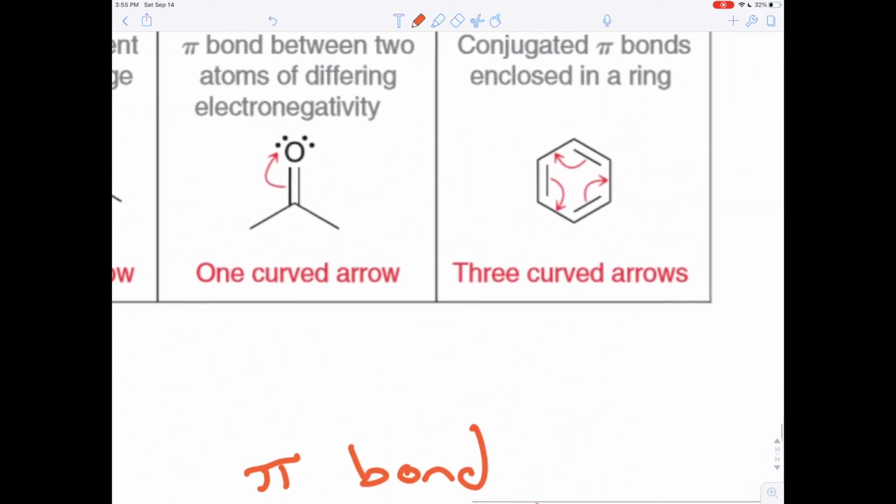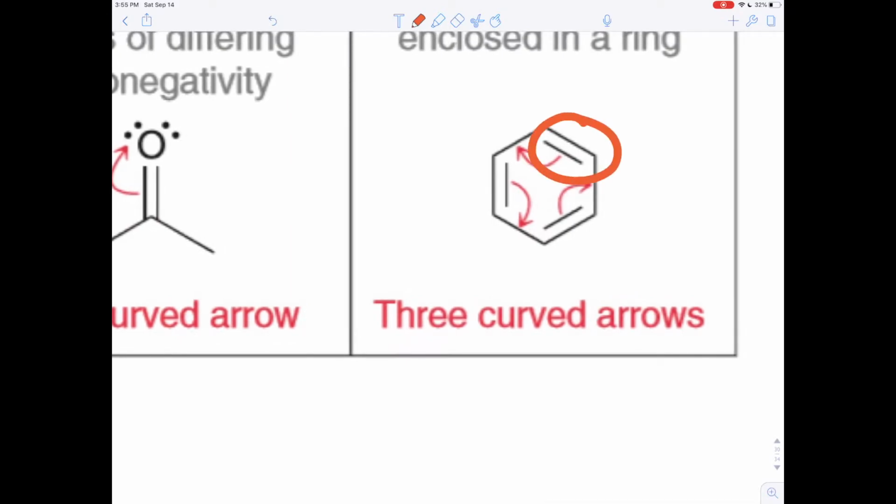For example, in this ring, in order for you to have this pi bond here, the carbons have to have a p orbital here and a parallel one right next to it, and they overlap to form the pi bond. In order for the molecule to have a pi bond there, you need a p orbital on each one that is parallel. But notice, all of these p orbitals are parallel and right next to each other.